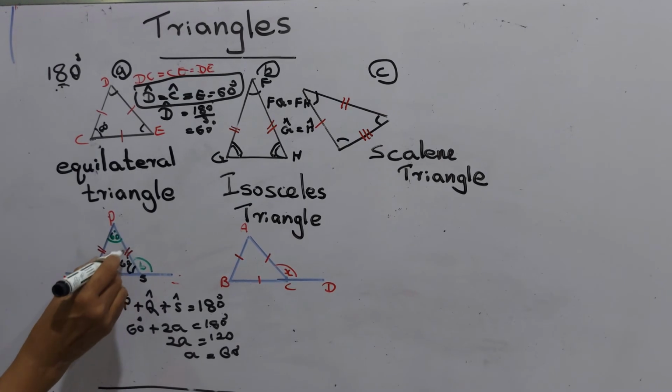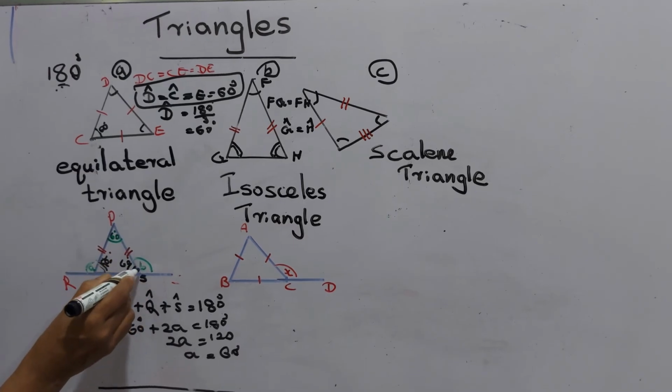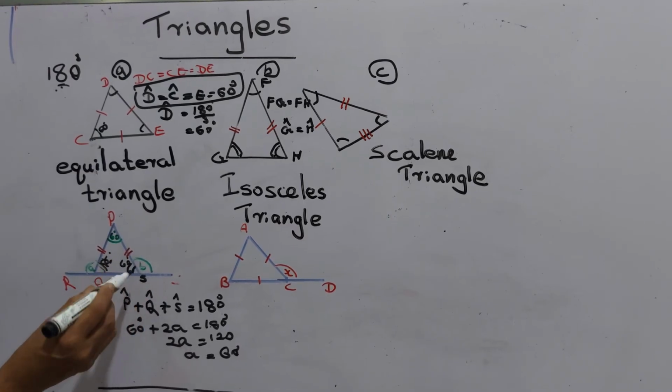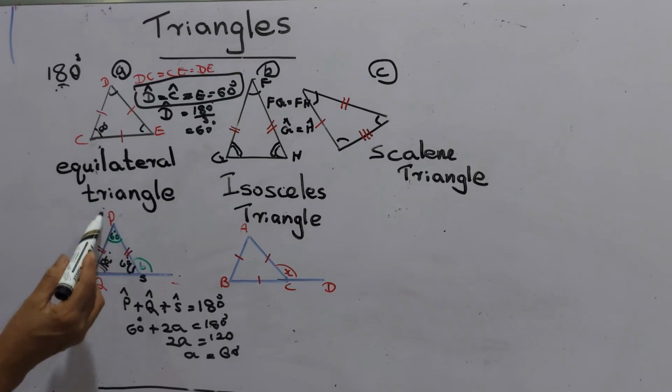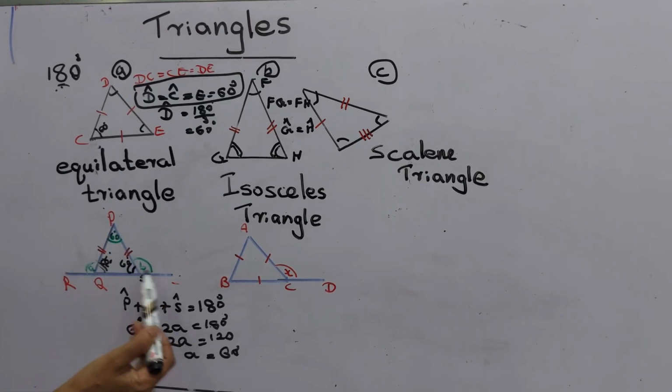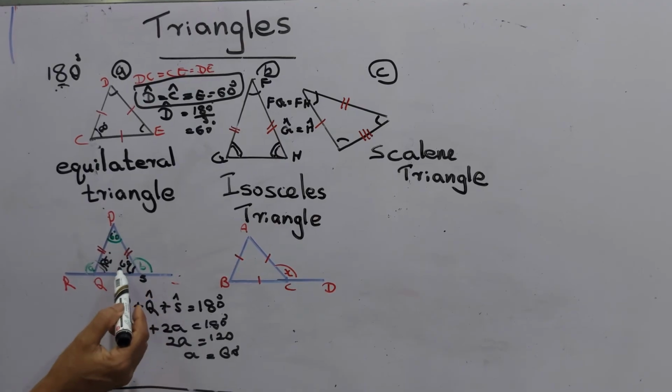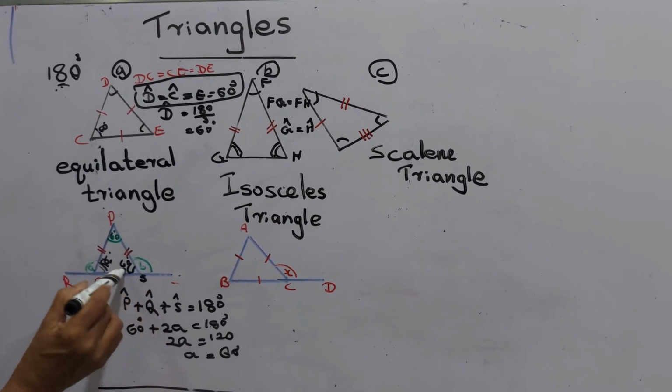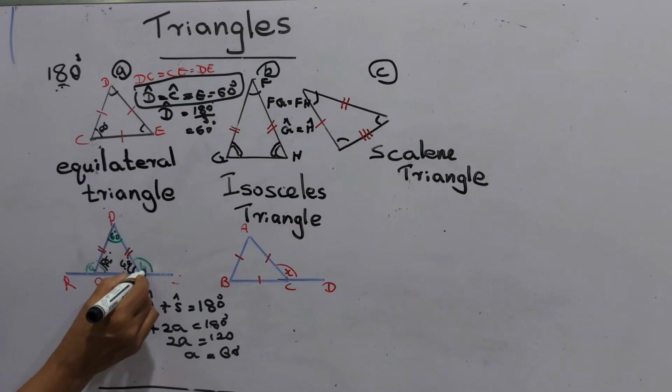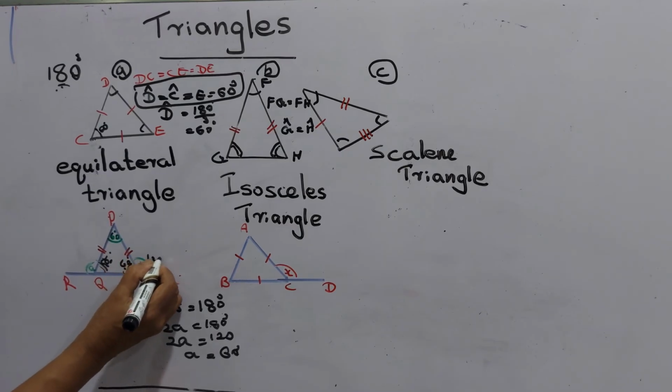Then we can find the value of angle B because on a straight line all the angles add up to 180. This is 60 degrees, then the value of B is 120 degrees.